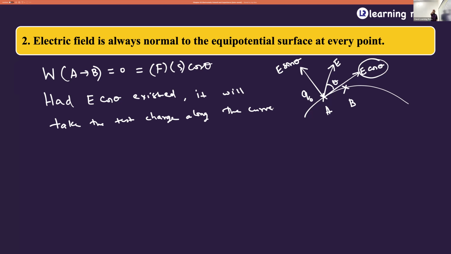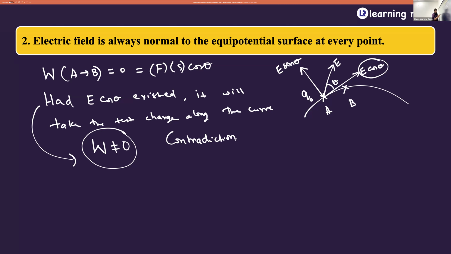So if the test charge had moved along the curve, then what would have happened? Then the work done by the force would have been non-zero. But is that not contradicting the statement? So work done would not have been zero. This is the implication, but it is a contradiction.